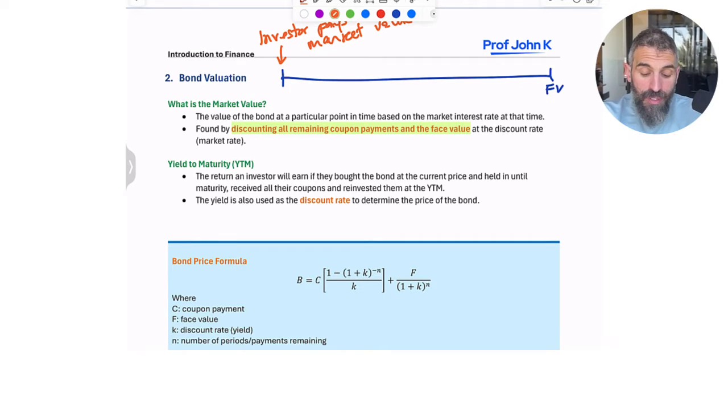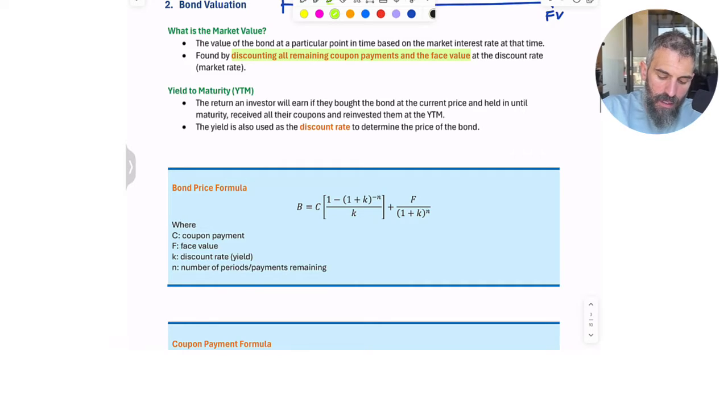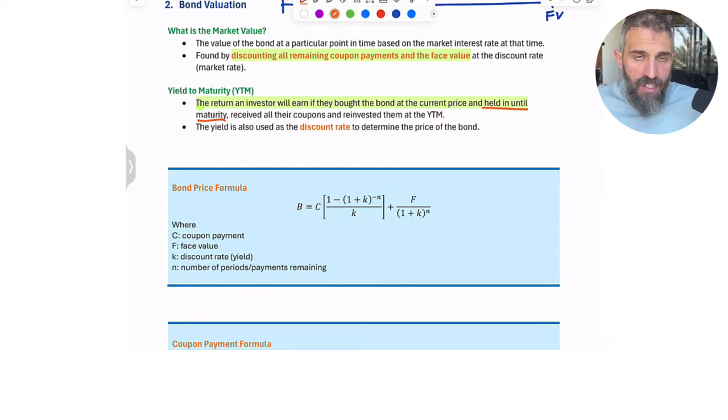Now, what the yield to maturity actually is, is the annual return on investment that you would earn if the bond is held until maturity. Okay? So if you were to buy a bond today at whatever the price is, and you keep that bond until maturity, your annual rate of return would equal the yield to maturity. That's where the name comes from. The word yield just means return. So return to maturity.